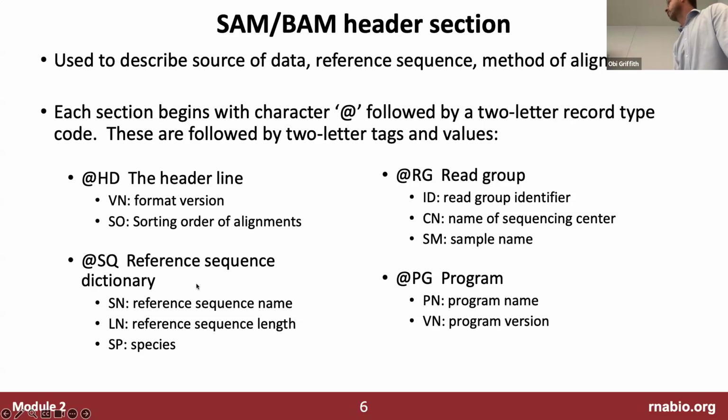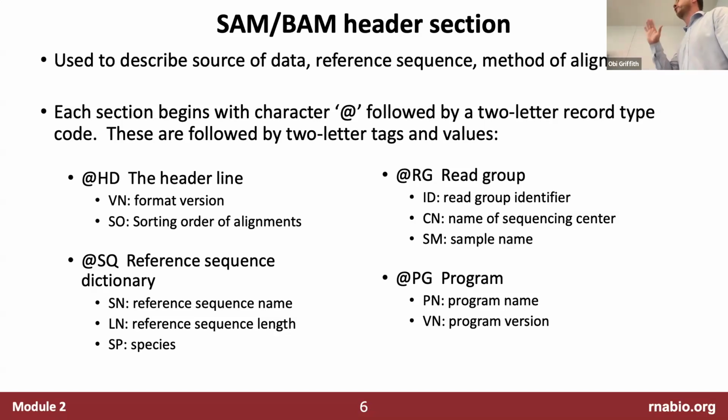There'll be a section called the reference sequence dictionary that tells you basically what were all the sequences that I was aligning to. The most common thing you might see listed here would be the chromosomes, right? So it'll list chromosome 1 to 22 and X, Y, which says that whoever aligned this file aligned it against these contigs, these things like chromosomes.